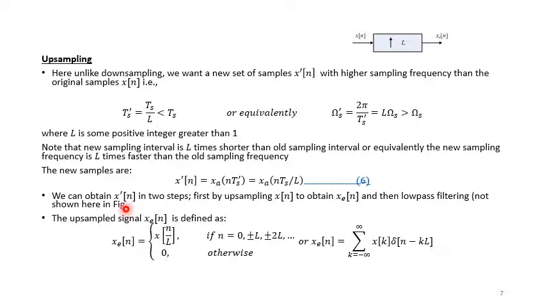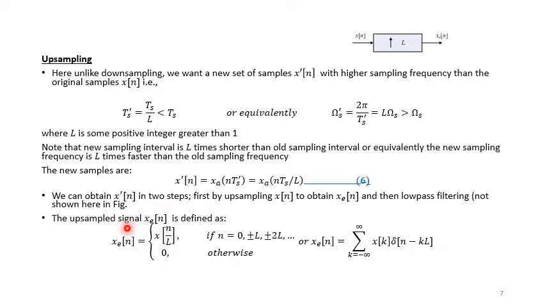So we can obtain x prime of n in two steps. First, by upsampling x of n to obtain x e of n, and then low pass filtering, right, to obtain the upsampled version.